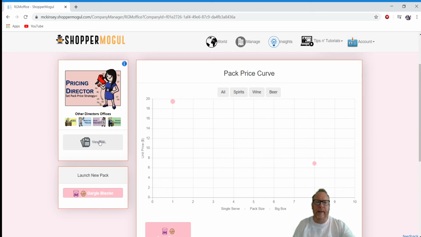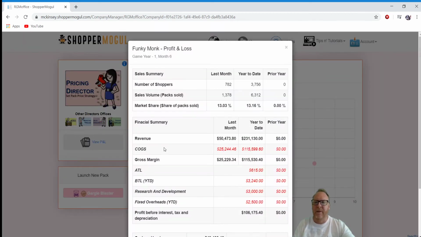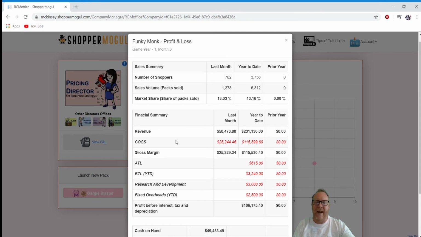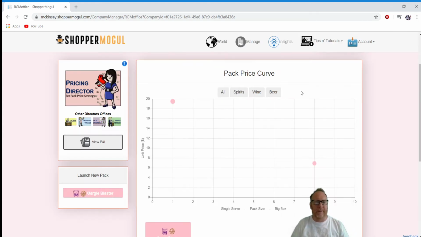There's also an option at any point to see the company P&L, which you can click on from here, and that gives you an idea of overall how much money your company is making, from its revenue through to its margin and down to the profit that it's creating and the dividends it's successfully paying to its owners. Again, for more information on the P&L, I would refer you to the finance director's introduction. There we go into much more detail talking about how it all works.